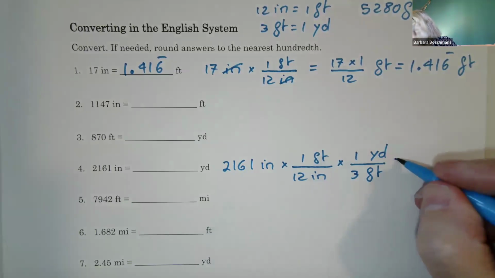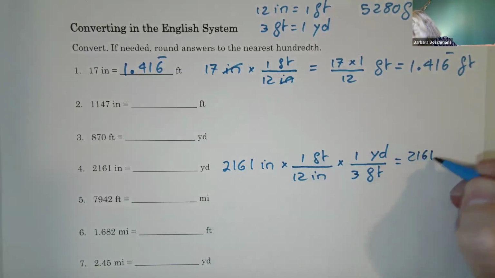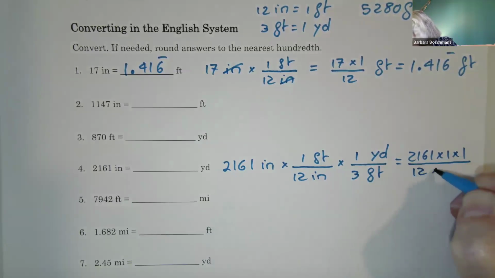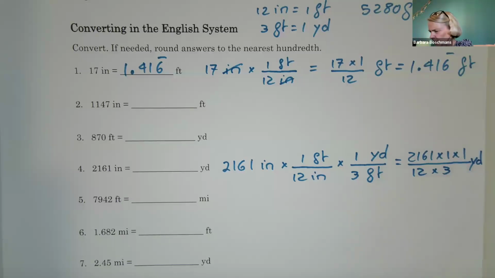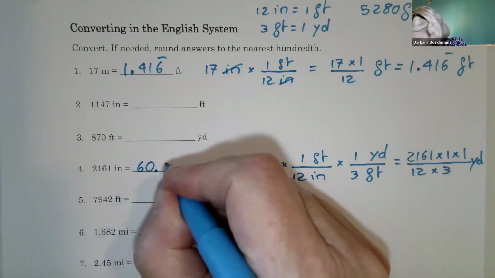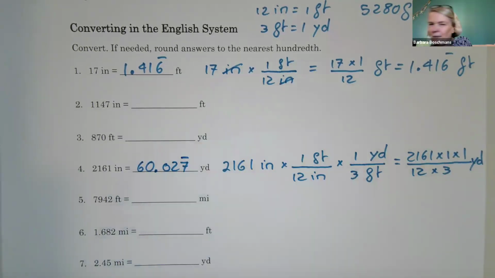So when we're done, we're going to have 2,161 times 1 times 1, all over 12 times 3, and that would be yards. So it would be 2,161 divided by 36. And I get about 60.027 repeating.